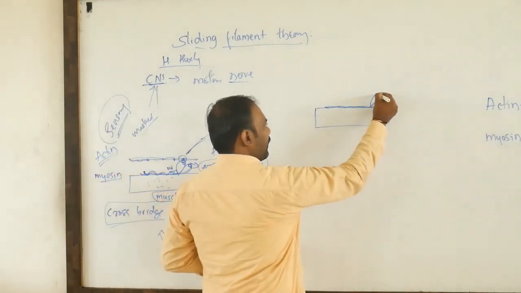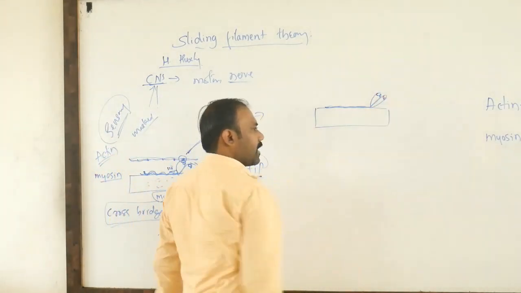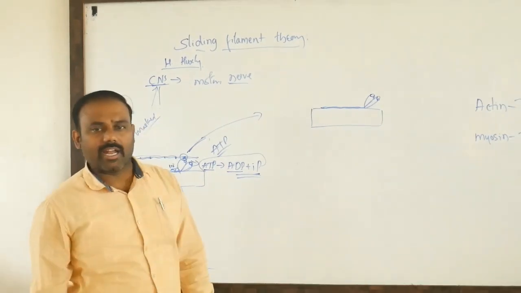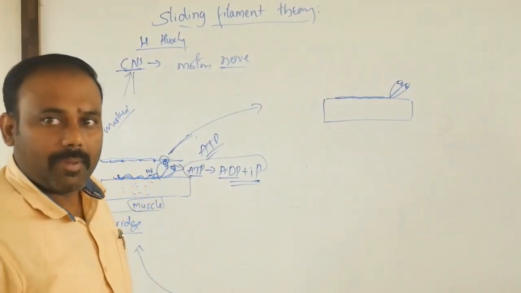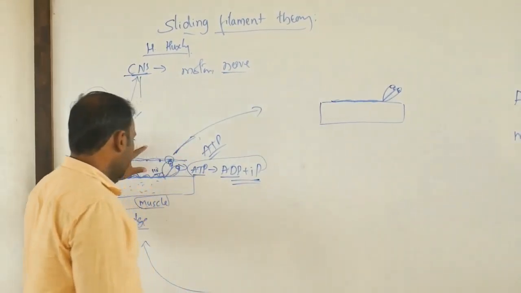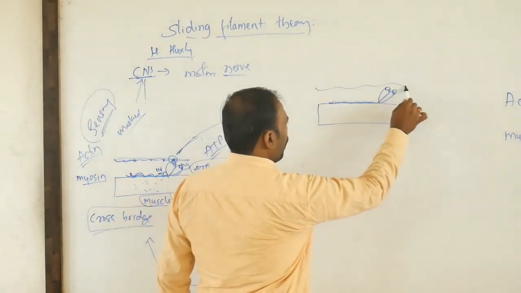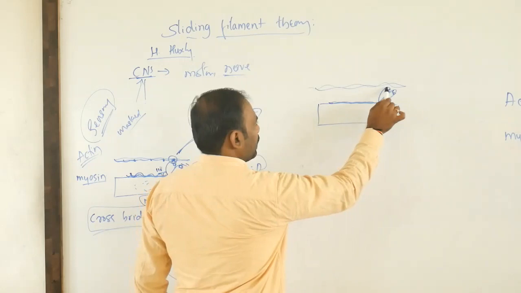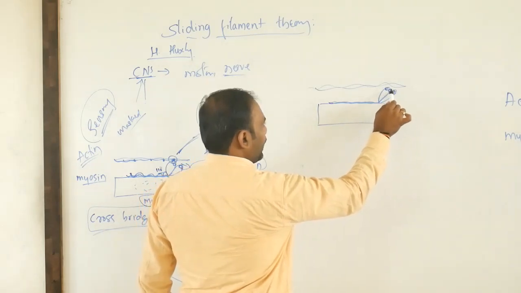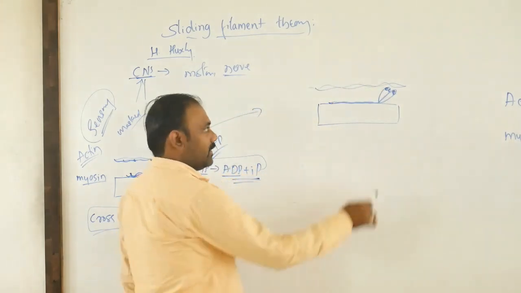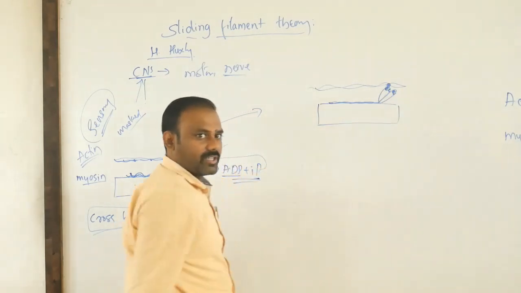The myosin has different structures, called the actin binding site and the ATP binding site. As I told you, the actin holds the actin binding site of the myosin, and here you can call it a cross bridge.